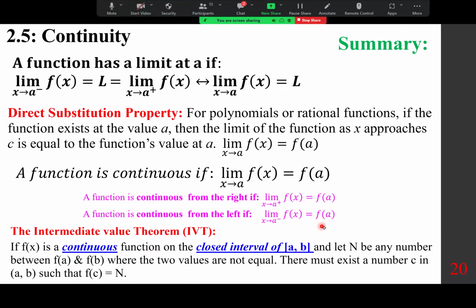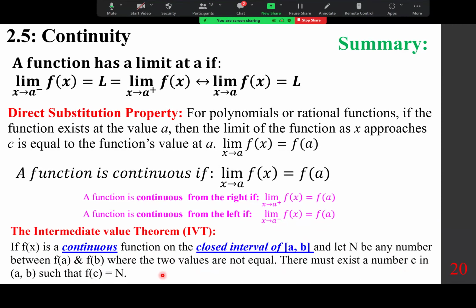And the IVT, short for the intermediate value theorem, says if f of x is a continuous function on the closed interval from a to b, so it has to be a closed interval, and the function has to be continuous, and let n be any number between f of a and f of b, the endpoints, where the two values are not equal, there must exist a number c in the interval from a to b such that f of c equals n.